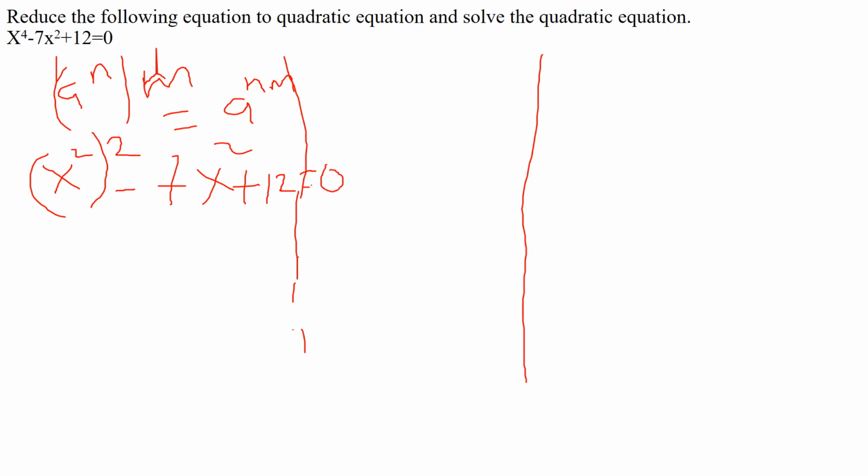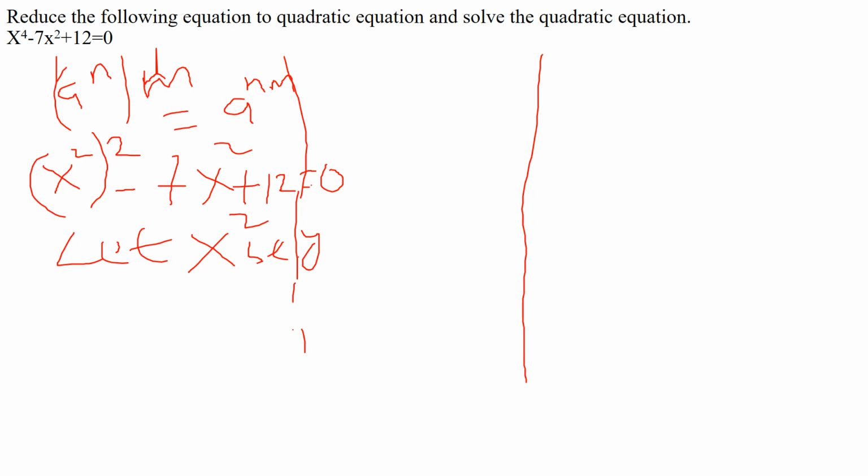So in this case you can see I have x squared somewhere, so I can say let x squared be y. Where I have x squared, I can substitute with y.